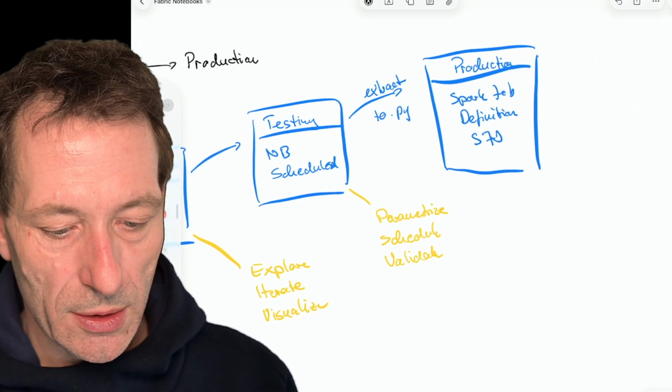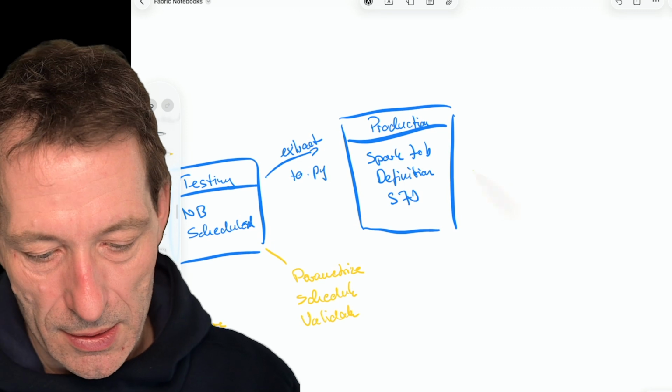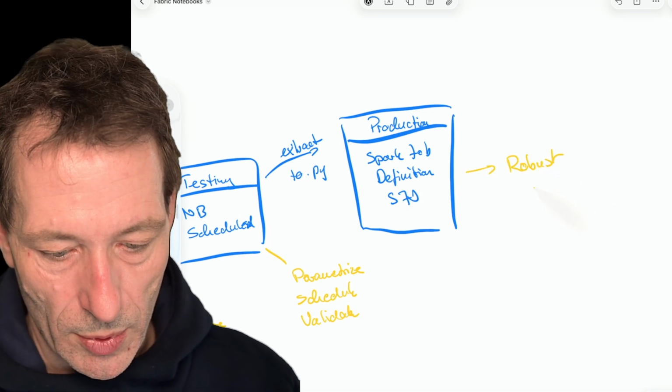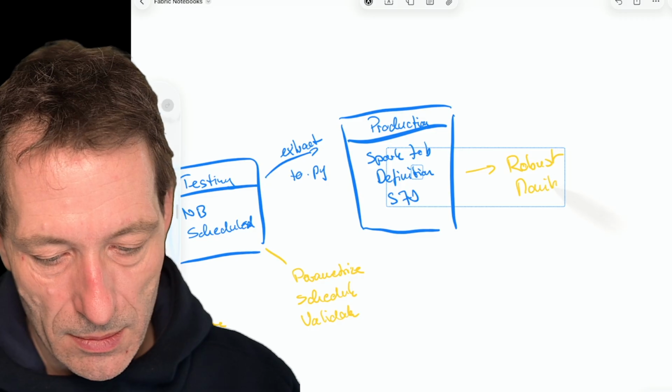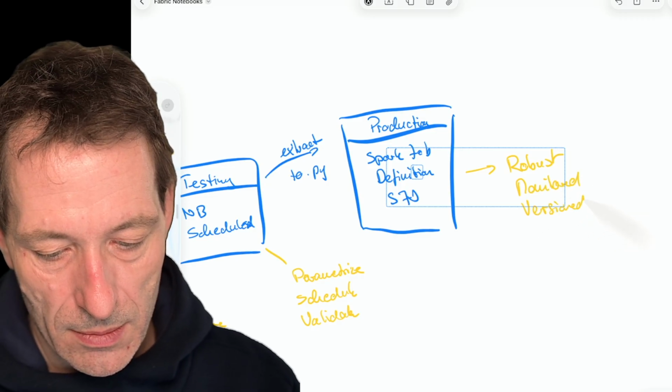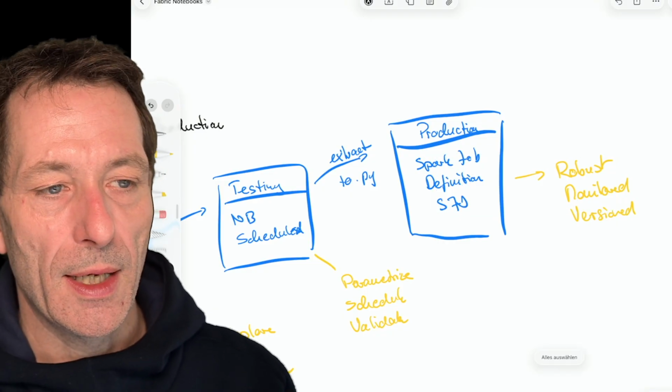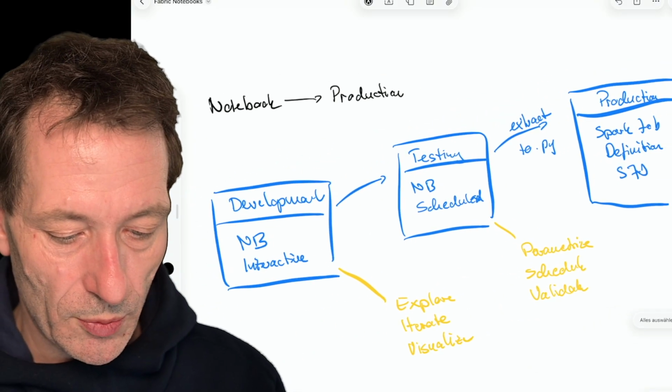And the production idea, of course, is as always to be robust, to be monitored, and to be versioned. These are the 3 main points here. Right? So this is your development to production journey.